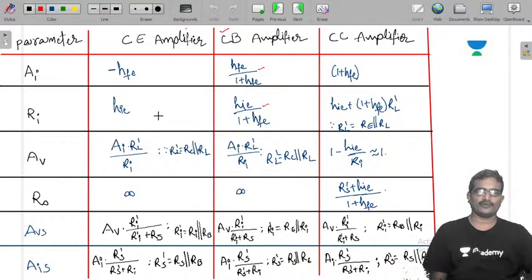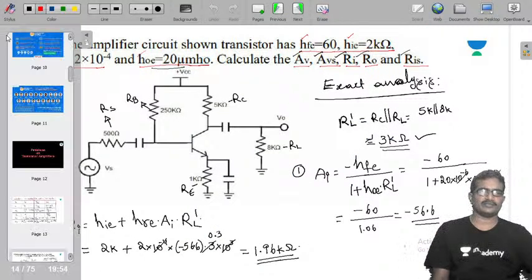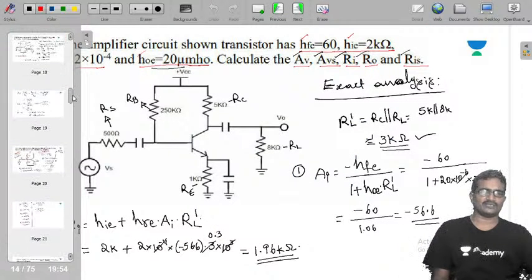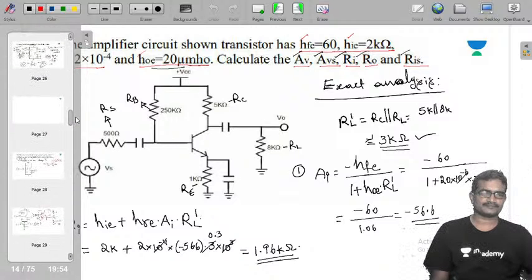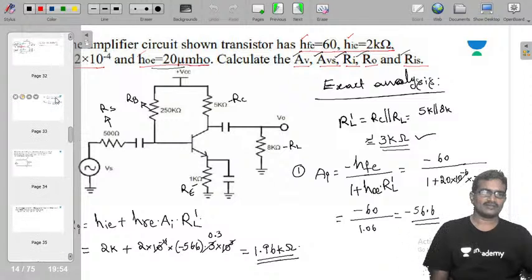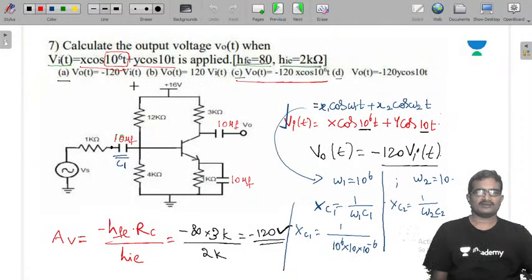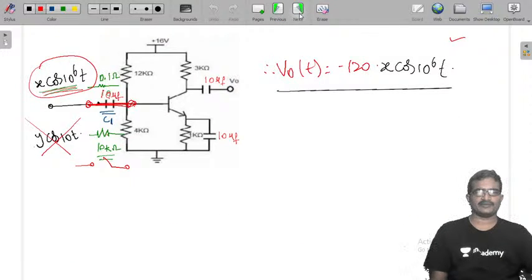This is helpful for solving the problems. In the last sessions we already solved some problems, so I am going directly to where we need to start. This is the last problem we solved. Now I am going to the next one.